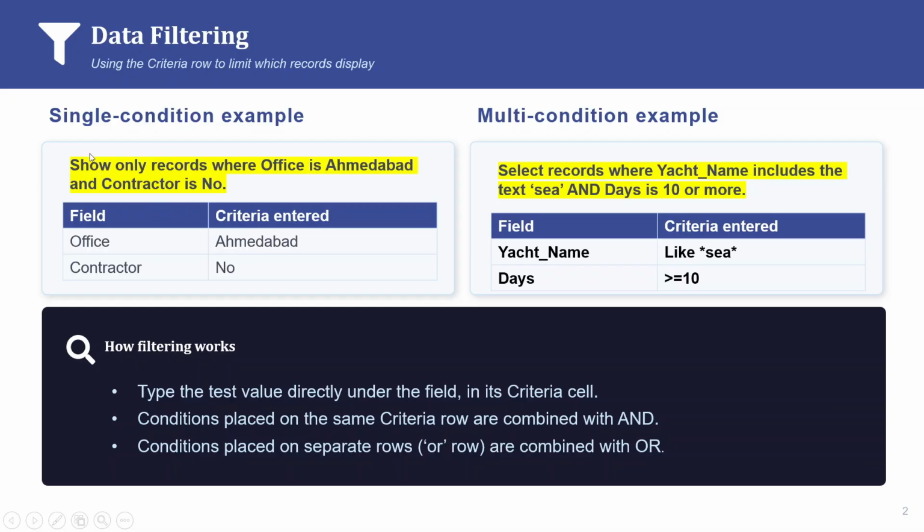So whenever you see the words shows only records, okay, then you are doing data filtering because out of the whole database, you want to show some particular record, so you are doing a filtering, or you are sorting one particular thing out of a lot of items.